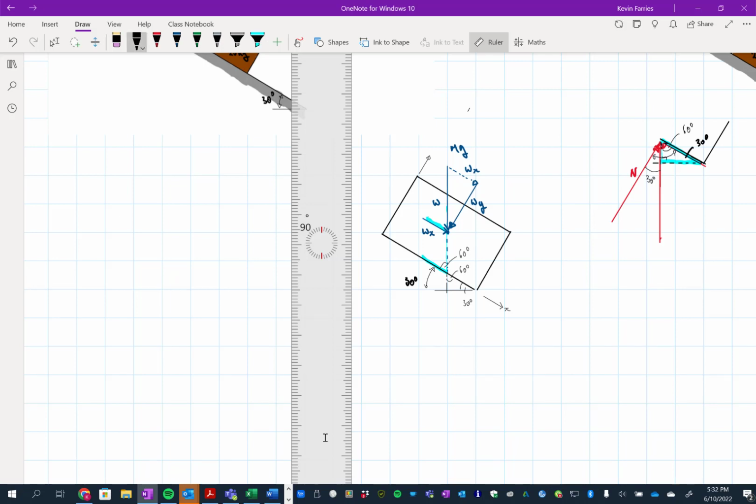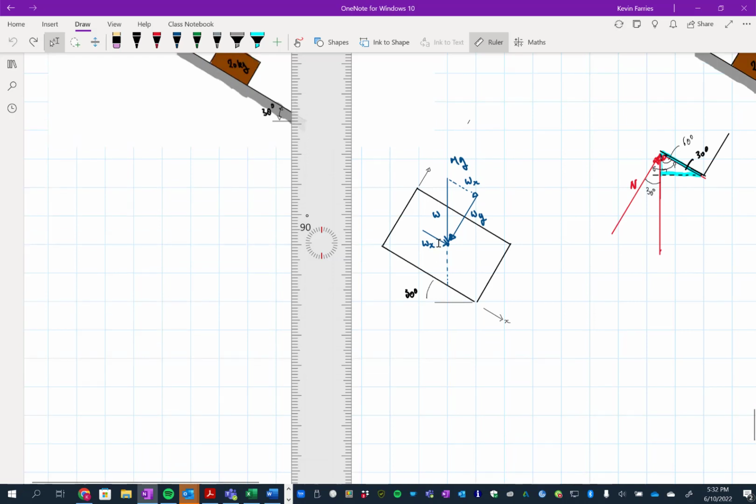If that's 60, this is also going to be 60. And this angle here is 90 degrees. Therefore, this must be 30 degrees. That's one way of doing it. I'm sure there's a quicker way, or you can just try and remember. But the main point is this angle here is going to be 30 degrees.